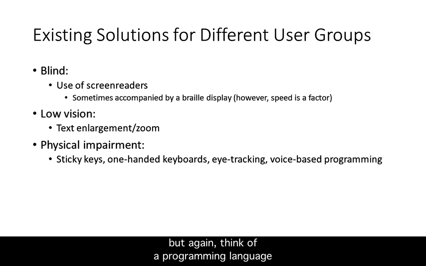But again, think of a programming language in which white space is important, or there are punctuation marks that are very similar to one another, or there are certain fonts that are used in resources around that programming language. These various accommodations that a lot of us use on a daily basis don't necessarily guarantee access. It's simply the tools that are used right now. Physical impairments, right?